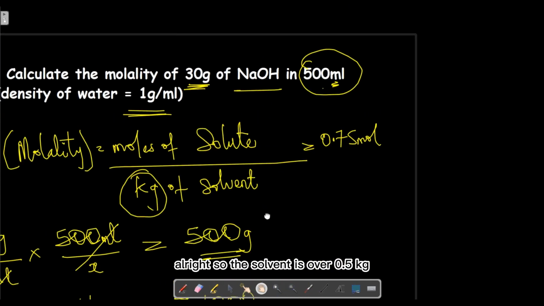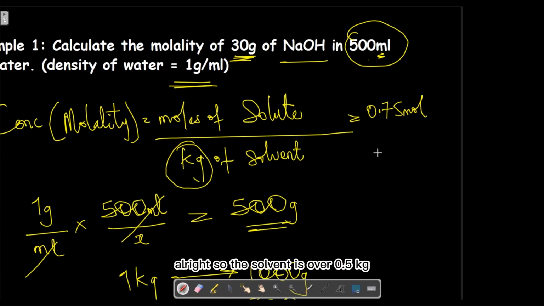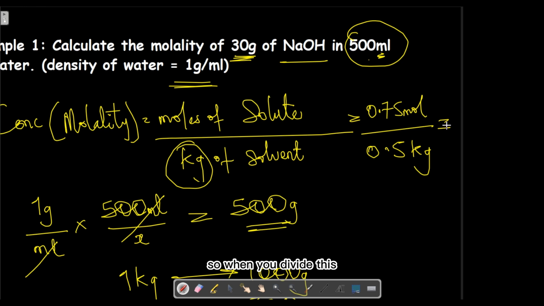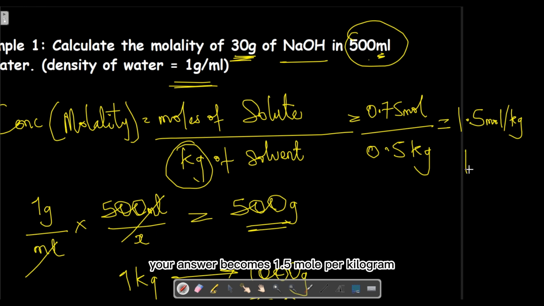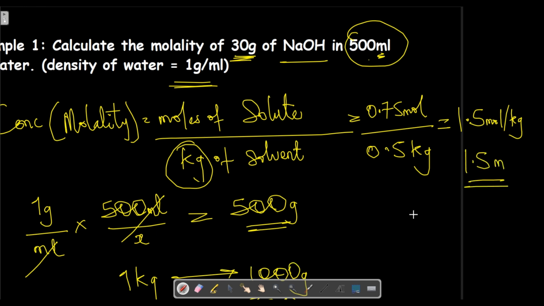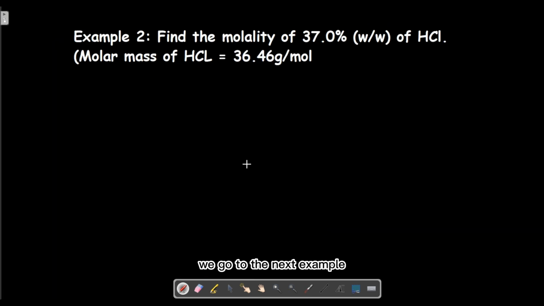All right, so the solvent is over 0.5 kilogram. So when you divide this, your answer becomes 1.5 mole per kilogram or 1.5 molality. We'll go to the next example.